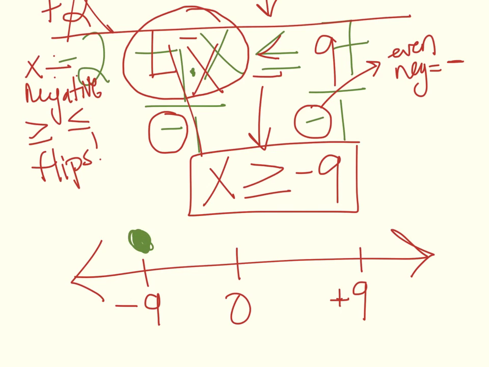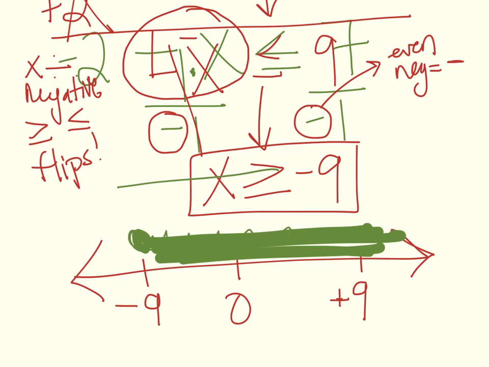Closed solution. And in what direction is my arrow pointing? To the right. So I'm going to shade everything to the right. There you go. So those are all the possible solutions to this inequality.